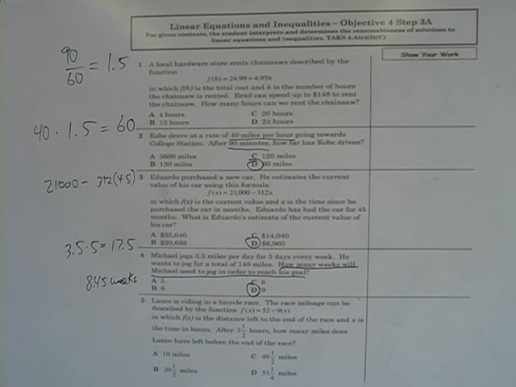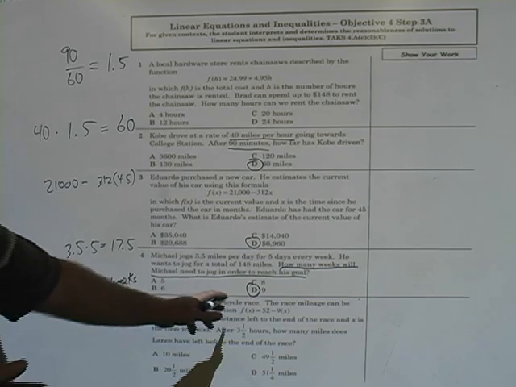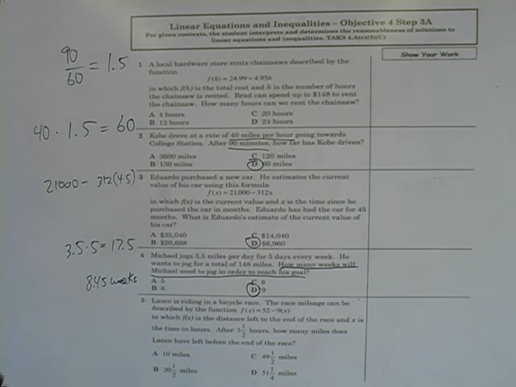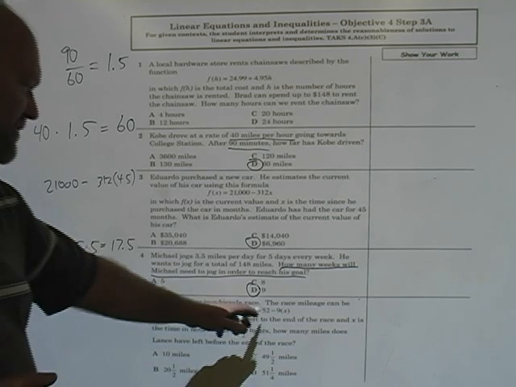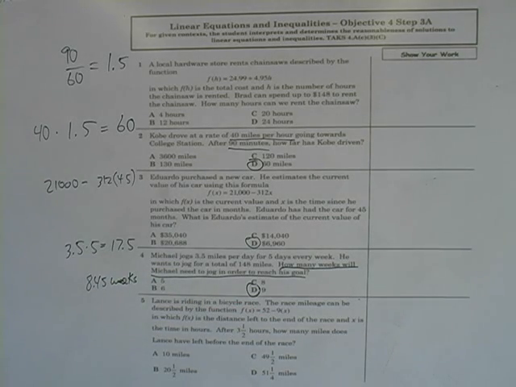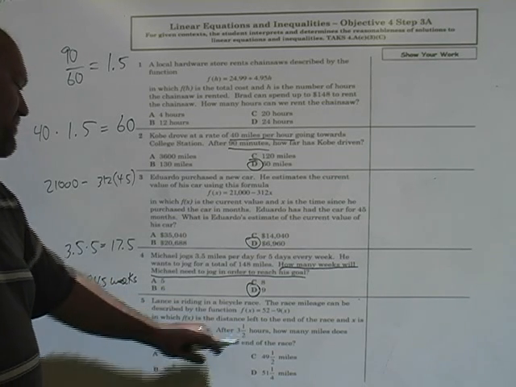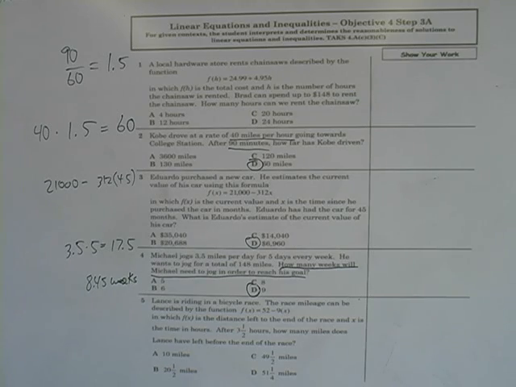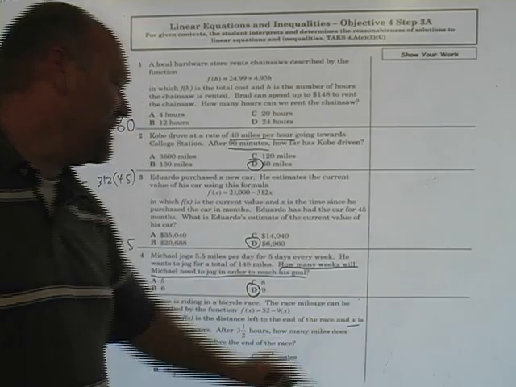Number 5. We have a function. Lance is riding in a bike race. The race mileage can be described by this function, 52 minus 9x, in which f of x is the distance left to the end of the race, and x is the time in hours. After 3.5 hours, how many miles does Lance have left before the end of the race? So 3.5 is the number of hours, and they tell us that's x.